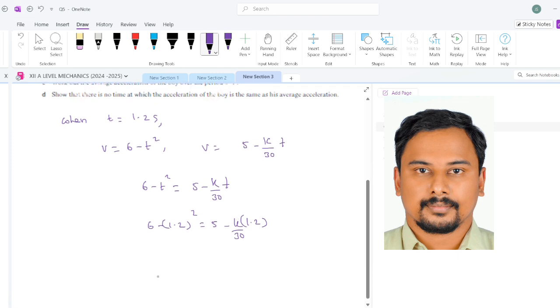Now simplify this further. So 6 minus 1.2 squared. What is 1.2 squared? It is equal to 1.44. So 6 minus 1.44 will be equal to 4.56.